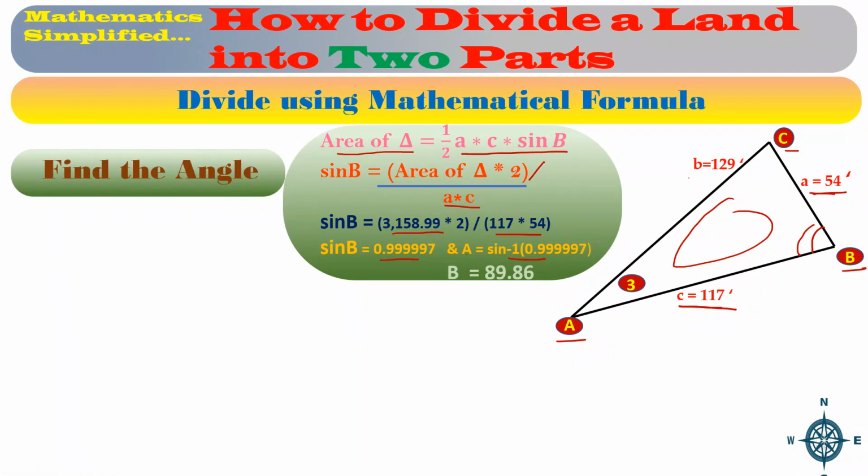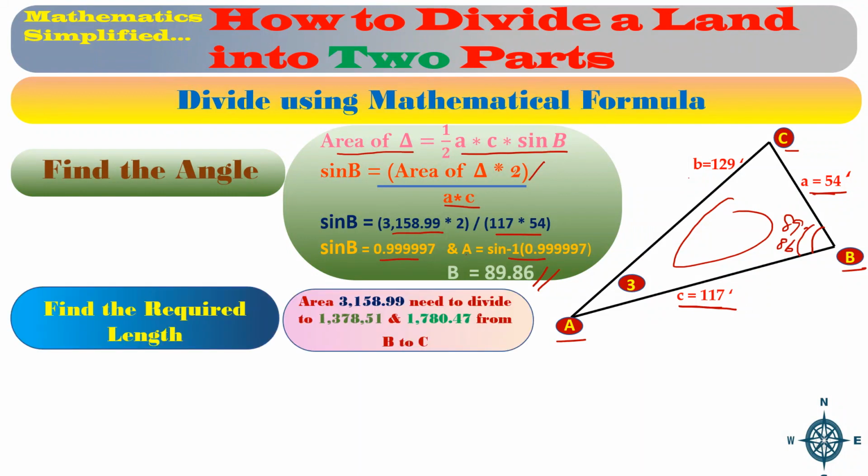Sine inverse of this value gives the actual angle in degrees. So we got angle B equal to 89.86. We are taking the decimal places also to get an accurate result.